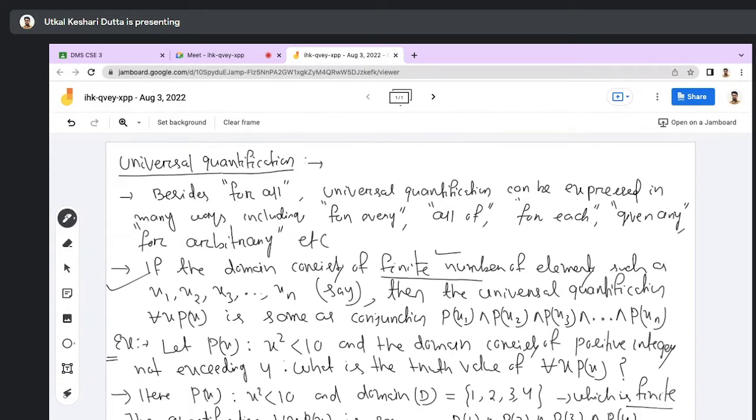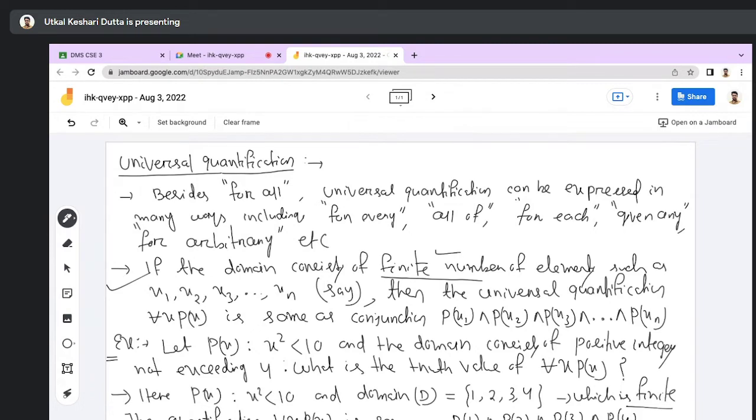That means the universal quantification will be true when this whole conjunction will be true. When will it be true? When all are true: P of 1, P of 2, P of 3, and P of 4. When all are true, then this conjunction will be true, and the quantification will be true. But now check, is P of 1 true or false?